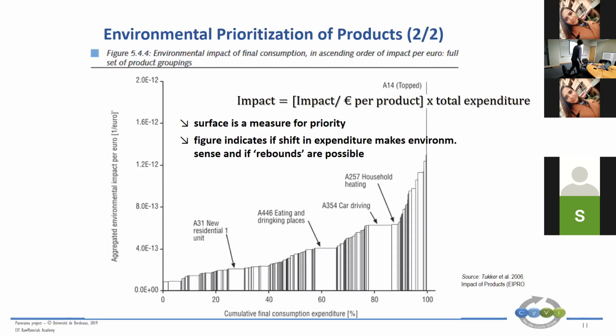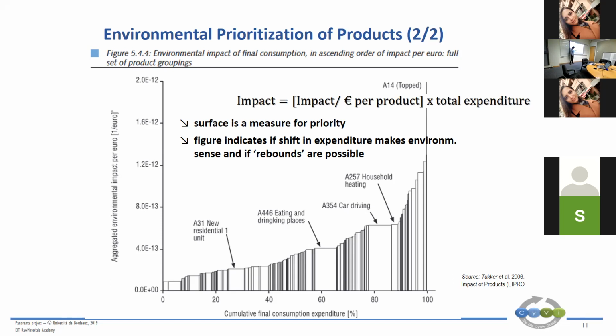So just as an example of what kind of results you can observe delivered by the application of the environmentally extended input-output framework. So this is the graph which shows you on the bottom the total final consumption expenditure by specific product type.